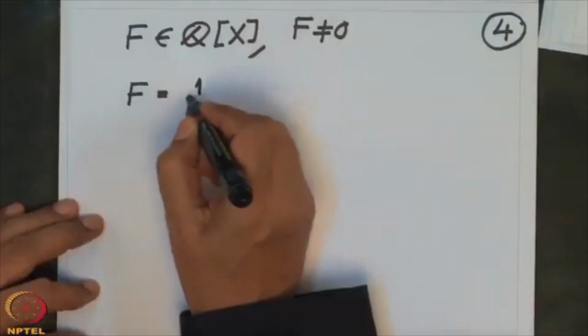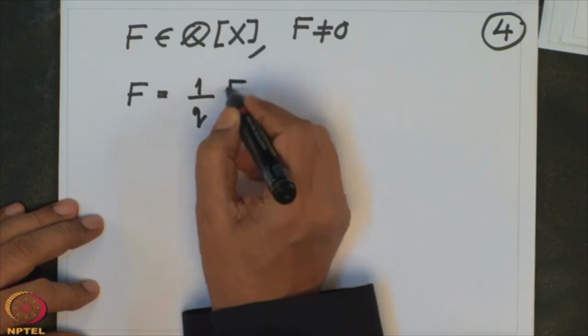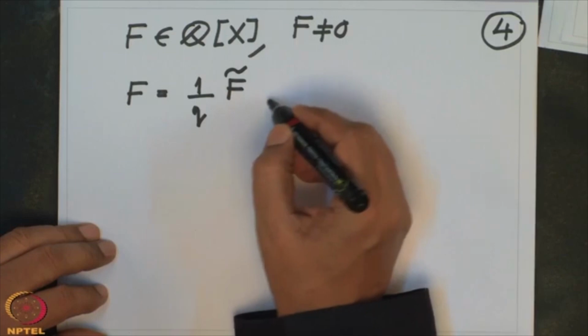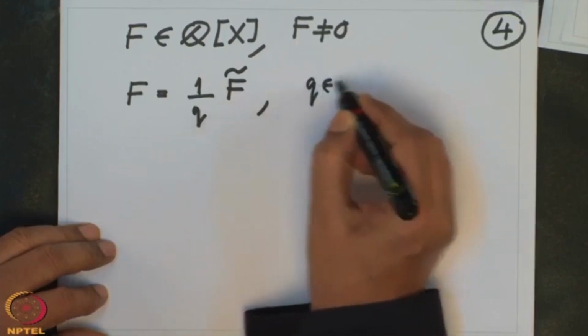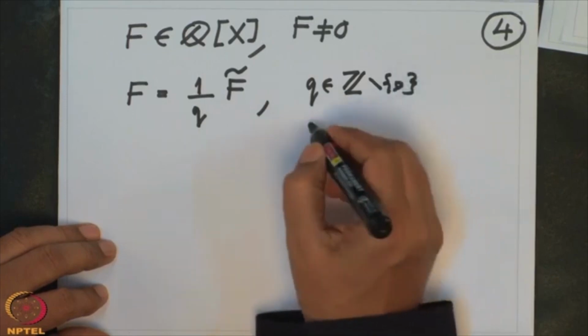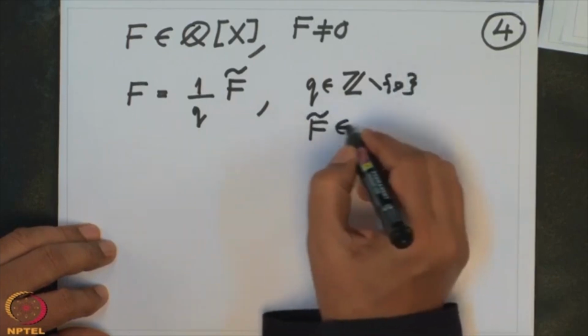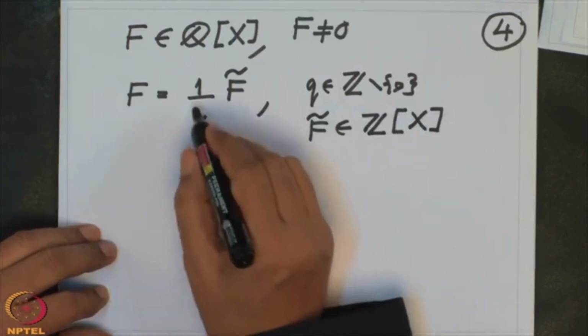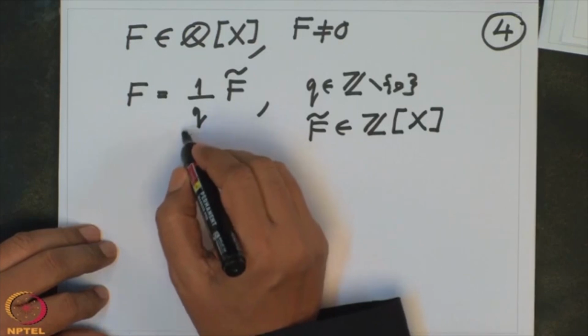I make a common denominator by multiplying up and down, and I will write this as 1 by q times f tilde, where q is a non-zero integer and f tilde has integer coefficients, because 1 by q is a common denominator.